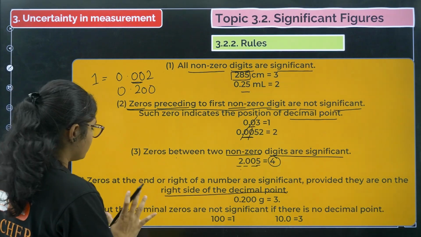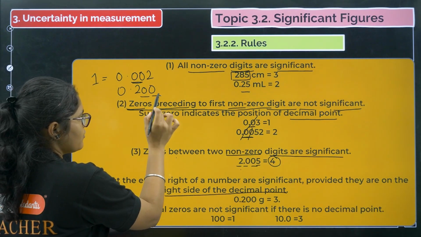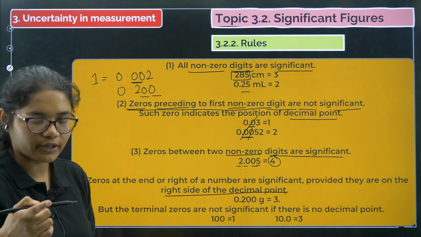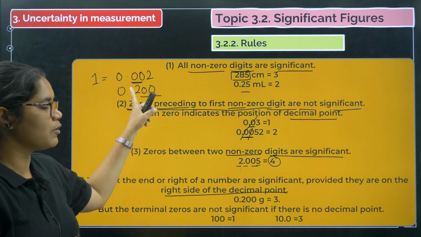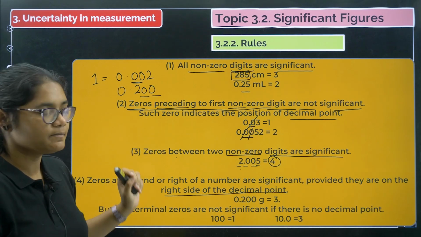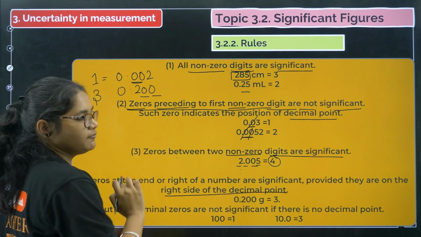But rule number 4 says that if there are zeros after a non-zero digit and they are also after the decimal, then you need to count all the zeros. So here I will have 3 significant figures.